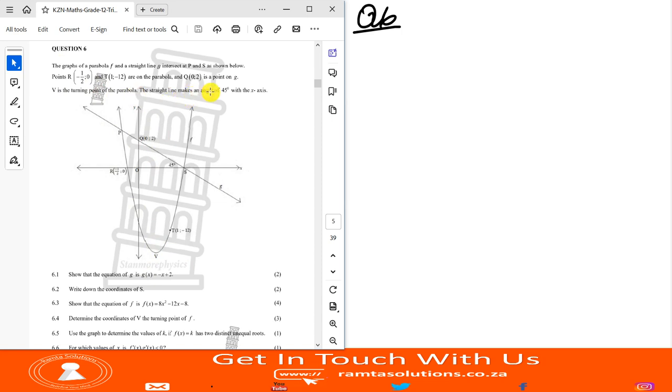Cool. The straight line makes an angle of inclination, or rather makes an angle of 45 degrees with the x-axis. That is interesting. Guys, be careful. This is to trick you. Okay? This is to trick you. What you are expecting is this line to have a negative gradient.